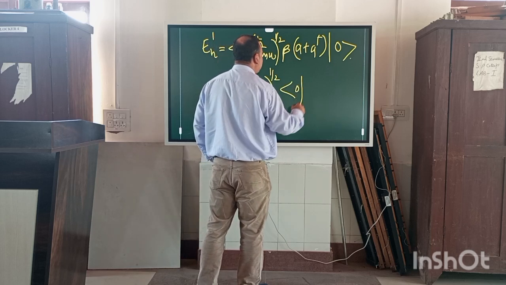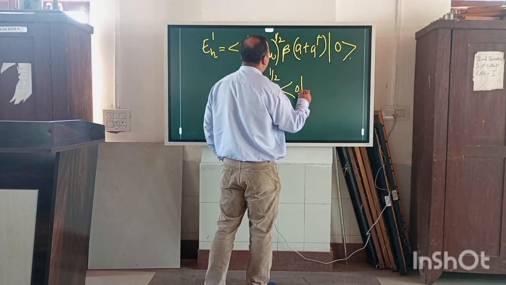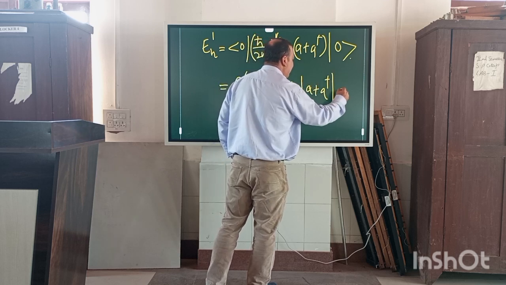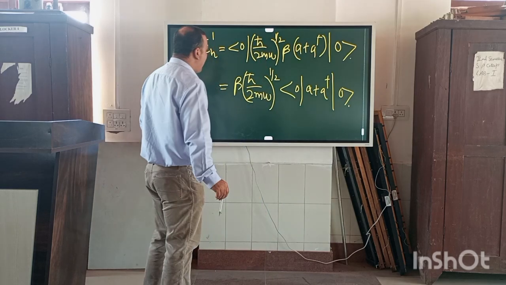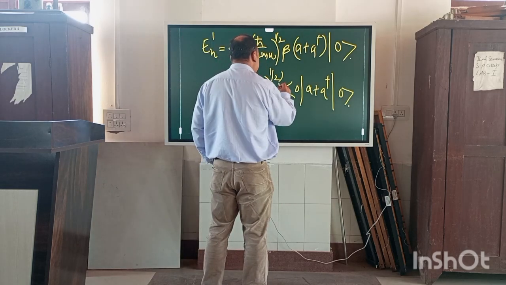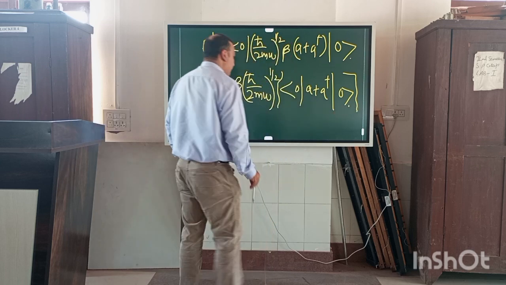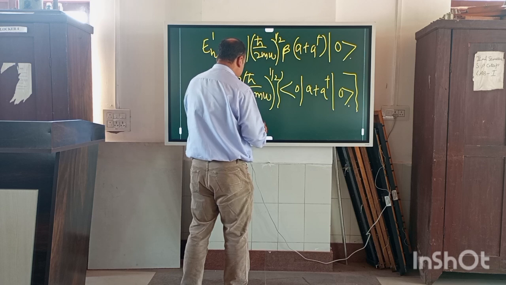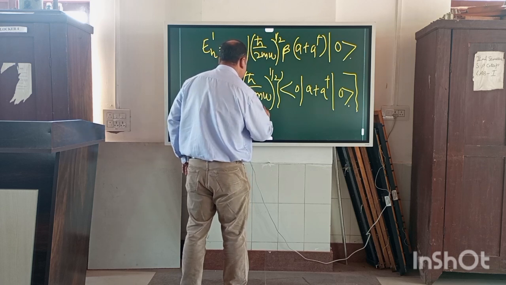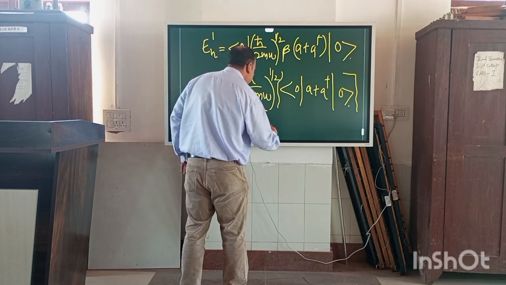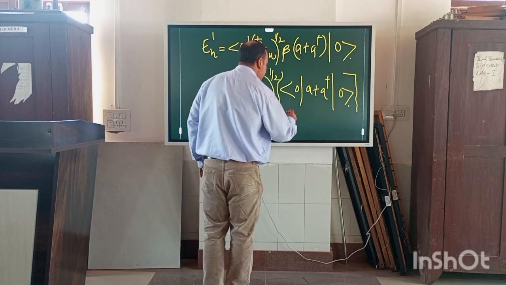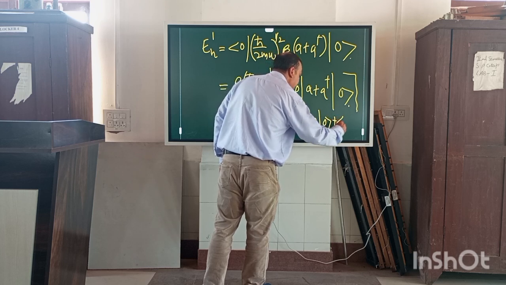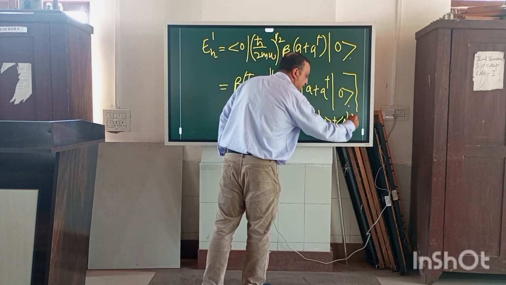I'll be left with the bra of 0, and inside I'll have a plus a dagger acting on 0. Now, all I have to do is to calculate this. This is beta h bar by 2m omega raised power 1 by 2, times <0|a|0> plus <0|a dagger|0>.